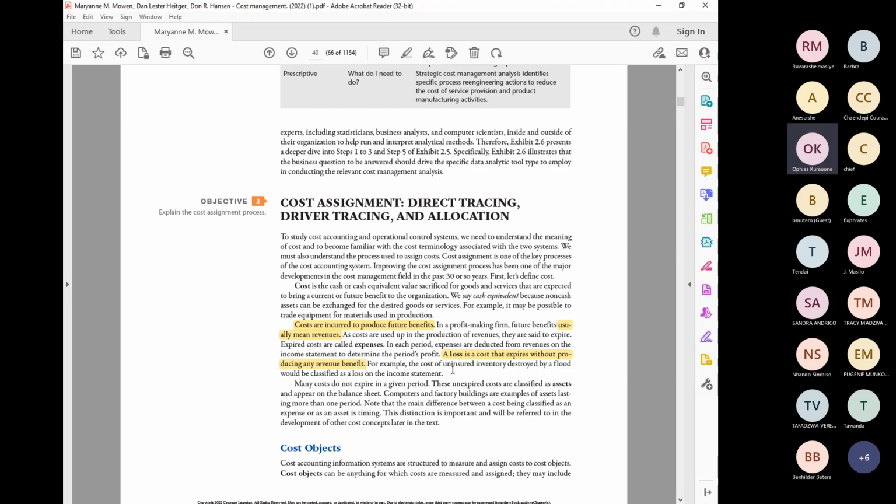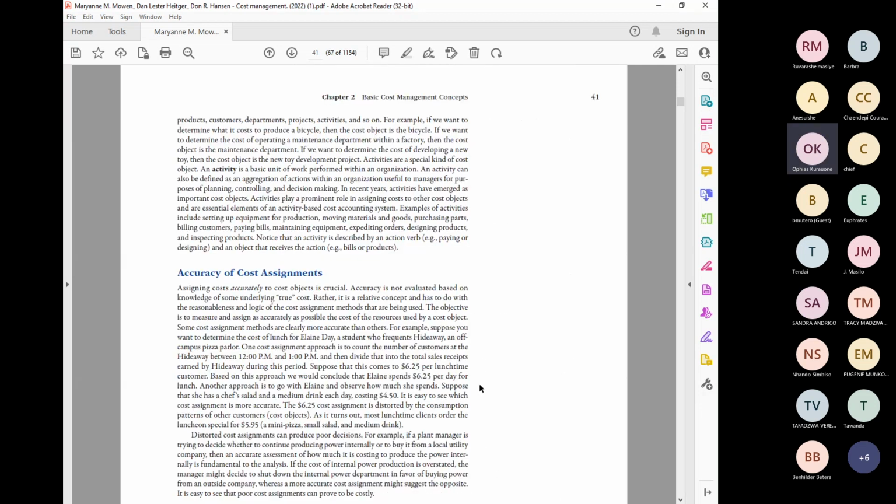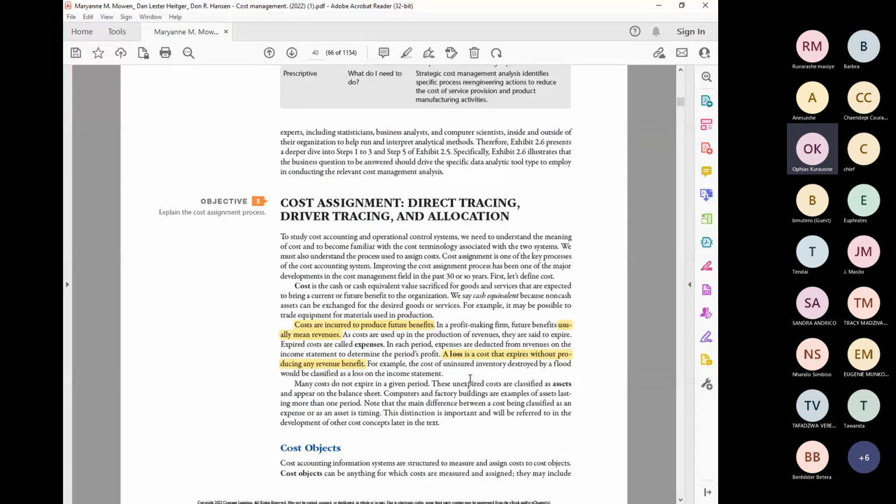So it becomes what? A loss. For example, the cost of an insured inventory destroyed by a flood would be classified as a loss in the income statement, because that is a loss which you have what? Incurred.